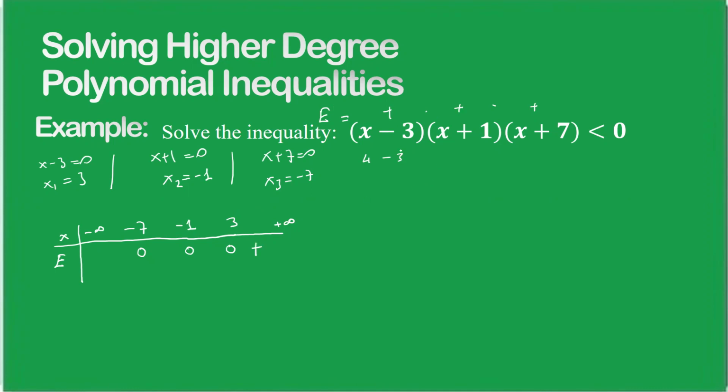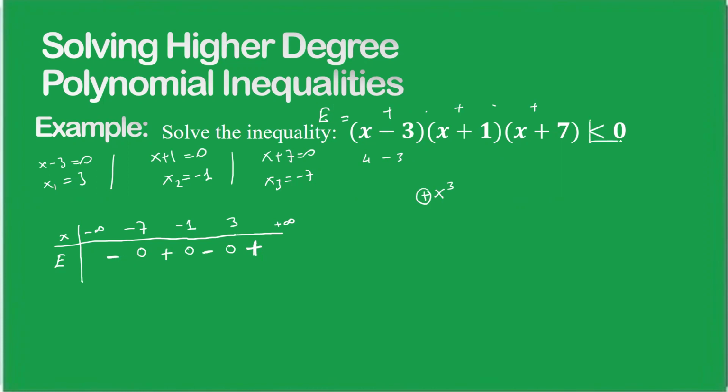Or actually, if you multiply them, the leading term becomes x cubed, and the sign of x cubed is positive here, so the first sign becomes positive. Then we have to change the sign: negative, positive, and negative here.